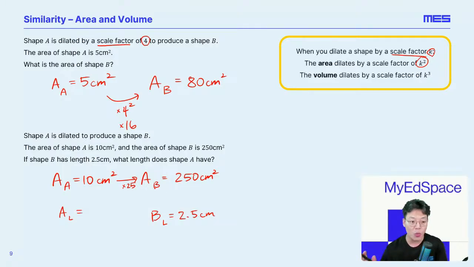This time, we're not given what the scale factor is, but given this information, what is our scale factor here? We know that the areas have increased by a factor of 25. What would be the scale factor for just the lengths between these shapes?